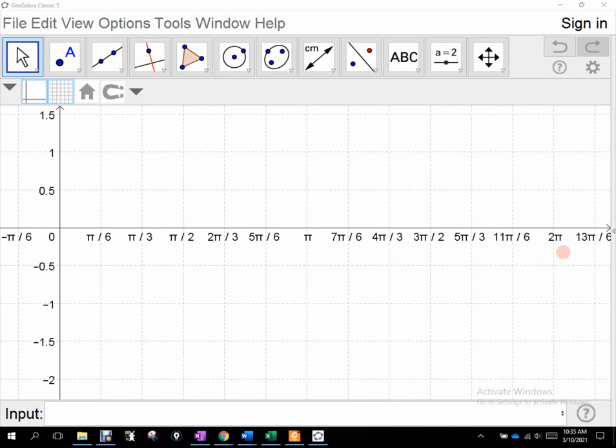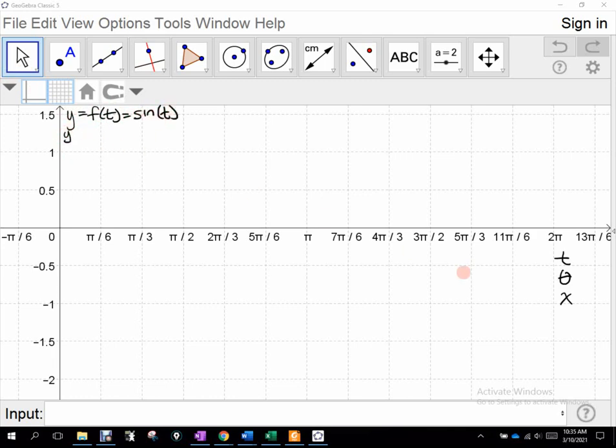Okay, we can call this either the t-axis or the theta axis, or we can leave it as the x-axis. If I use this as the t-axis, then the y value would be f of t, which is sine of t.